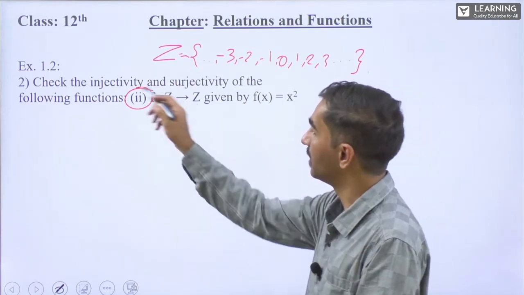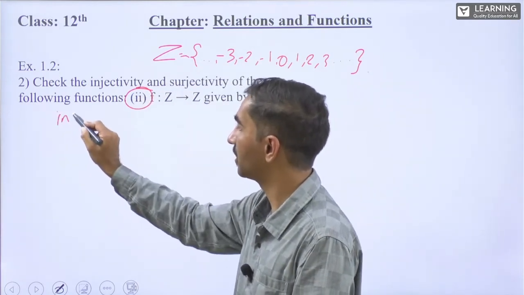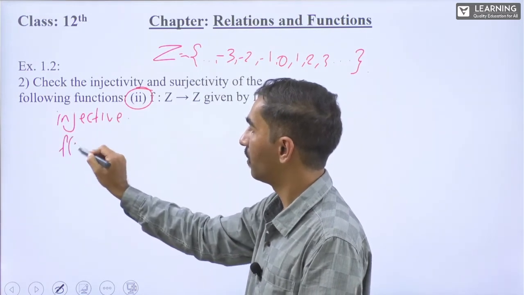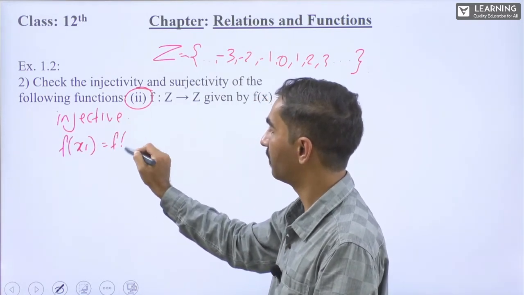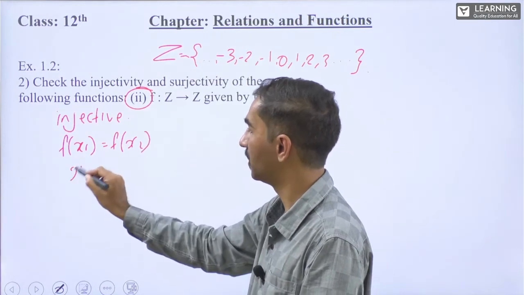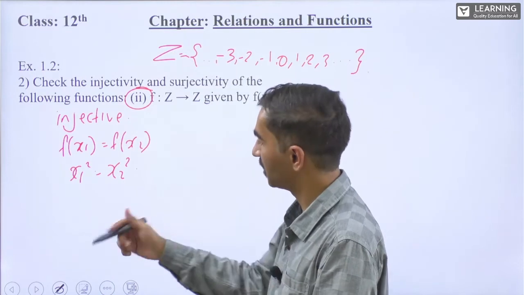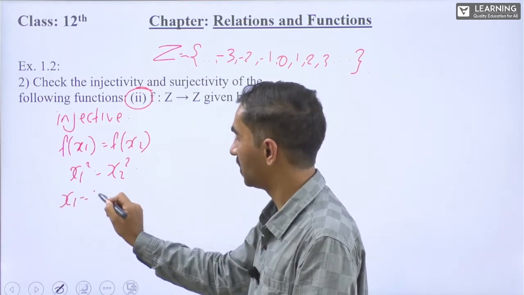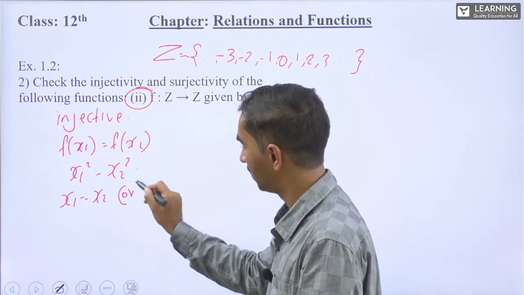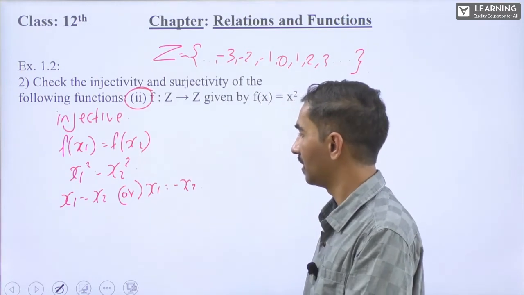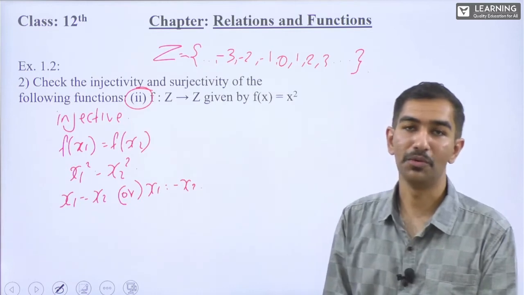So again, injective and surjective. Let us start with injective, that is nothing but 1, 1. How do we start it, students? f of x1 is equal to f of x2, which is nothing but x1 square is equal to x2 square, which is again x1 equals x2 or x1 equals minus x2. Now should we discard this? No, we should not discard this.